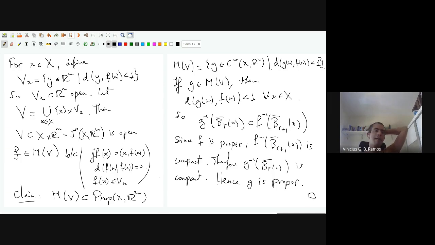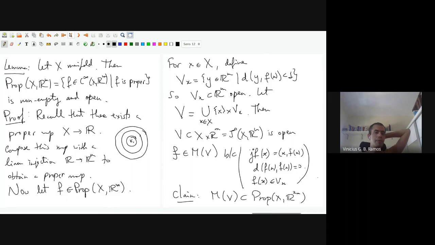Let me just go back and say one more time what we just proved: the set of proper functions from X into Rm is non-empty and open. We constructed one that was easy, and then to show that it was open, we constructed a little neighborhood of it, of the form M of V, and we just used the triangular inequality for the distance in Rm.